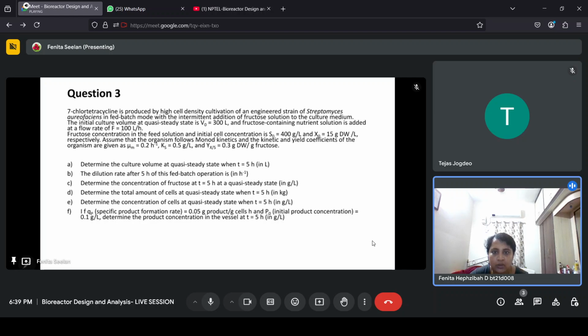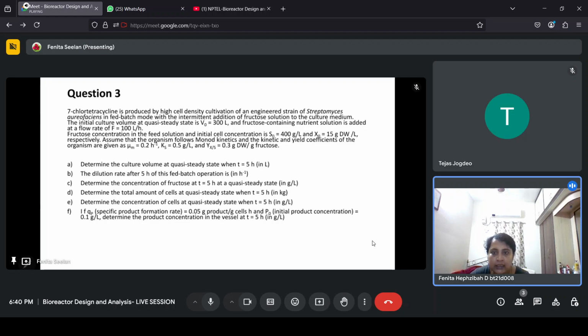So here the fructose solution is your feed, your substrate. The initial culture volume at quasi-steady state is V0 equal to 300 liters, and the fructose-containing nutrient solution is added at a flow rate of F equal to 100 liters per hour.